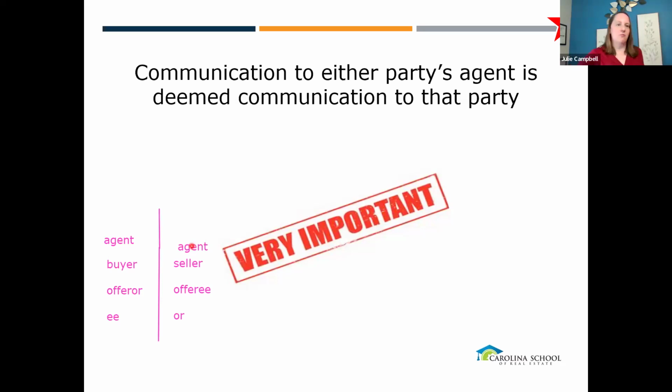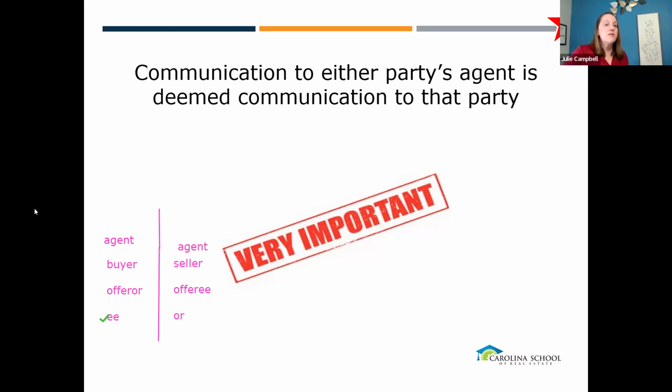Agents are communicating with each other. Seller's agent now calls buyer's agent and says, we're good with all the terms, but this and this. Buyer says, that sounds good. I accept. When they accept, what does that mean? It means that it has been signed.